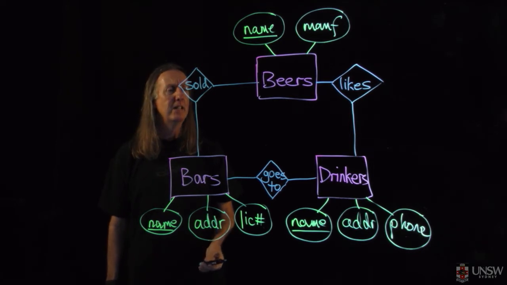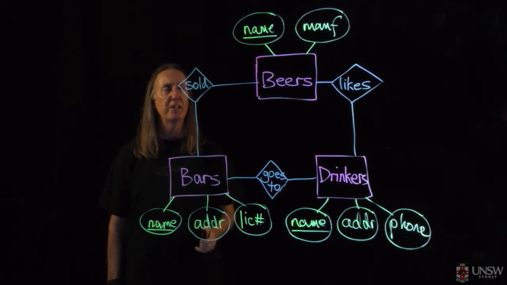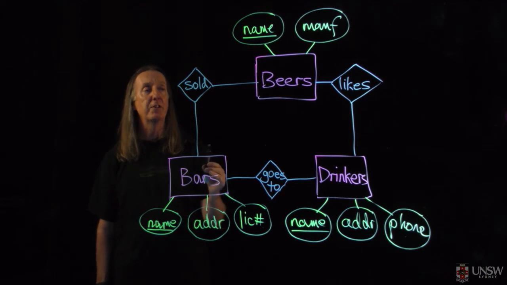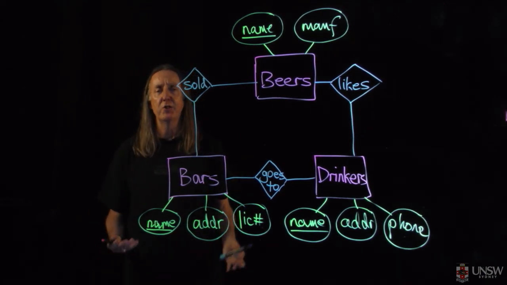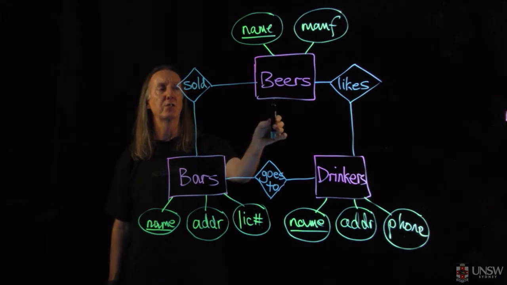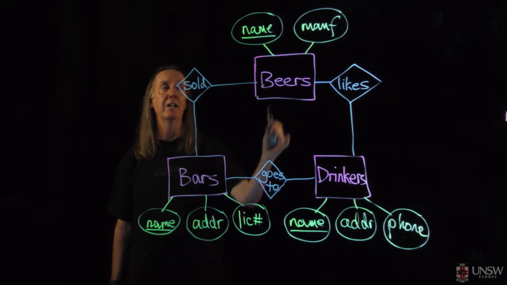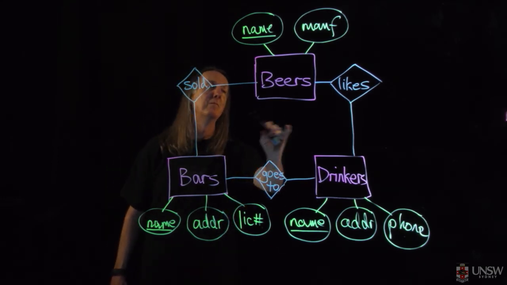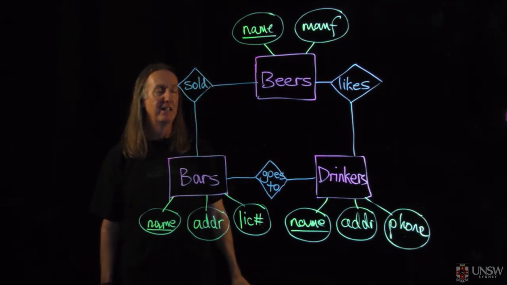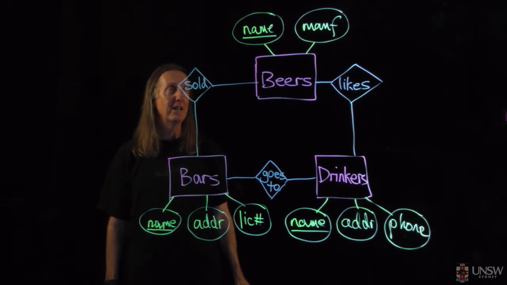So there's an attribute floating around in the system and we have to decide where it goes. Well, it clearly can't go with beers because we just said Carlton Draft costs $2.50 at one bar and costs $5 at another bar. So we couldn't have multiple attributes for each bar, the price at each bar.